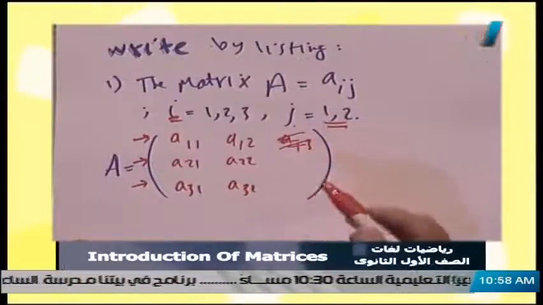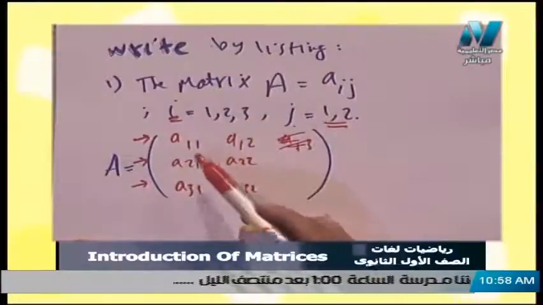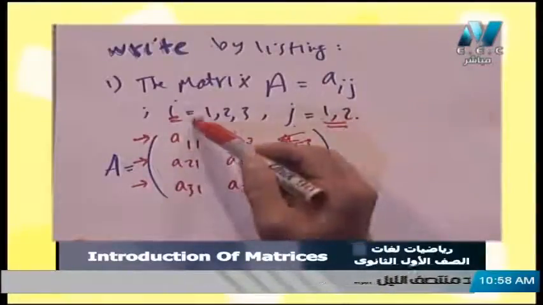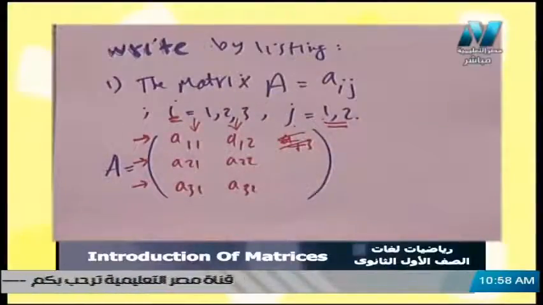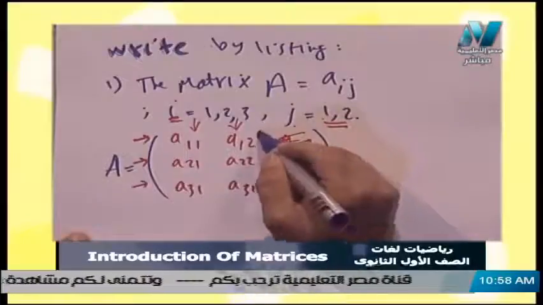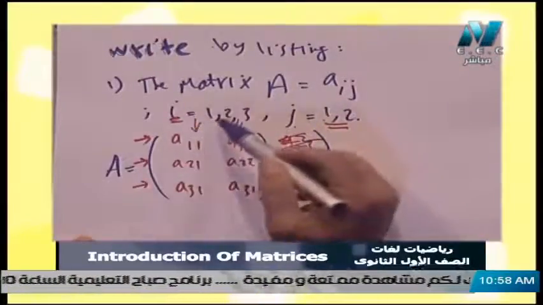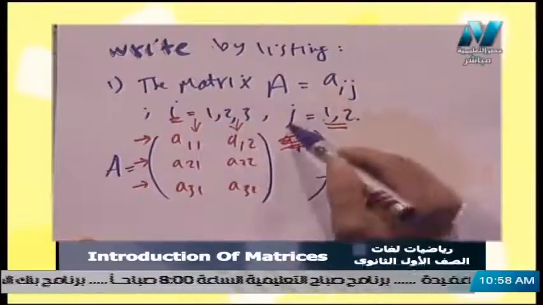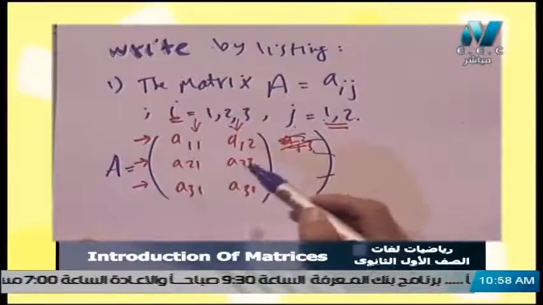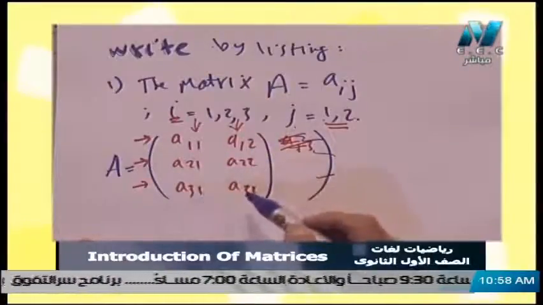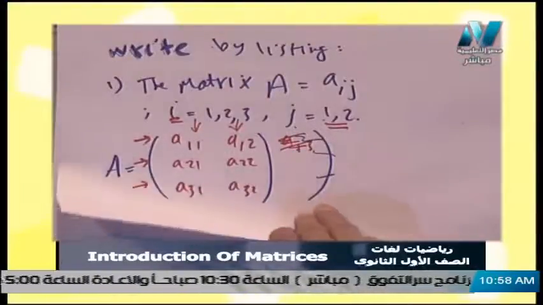Why did we cancel that? We cancelled that because we have 3 rows here and only 2 columns, the first column and the second column. So it will be only this matrix. Okay, we cancel that. So if we have i 1, 2, 3 and j 1, 2, we write A11, A12, A21, A22, A31, A32. Okay, let's move to another example here.